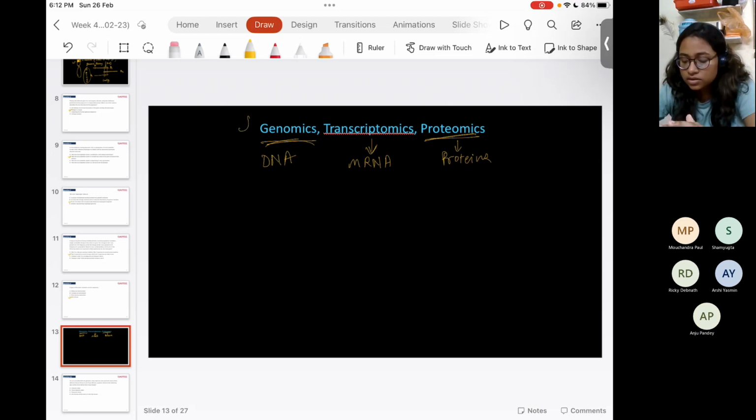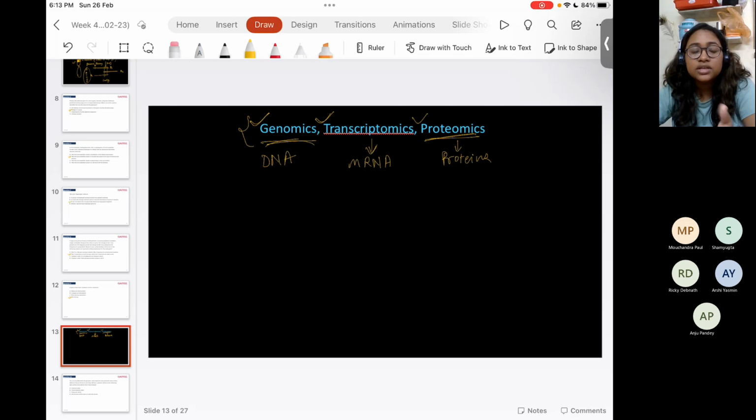Now, all these three sections have their own tools, people have developed various methods. Genomics is very well established, and proteomics and transcriptomics are upcoming fields. One thing about genomics is that people study data which is static in nature, meaning that unless there is some mutation due to a mutagen or anything, the DNA content is static.